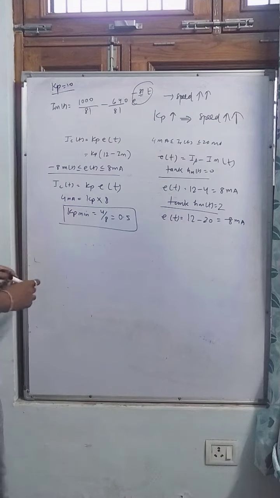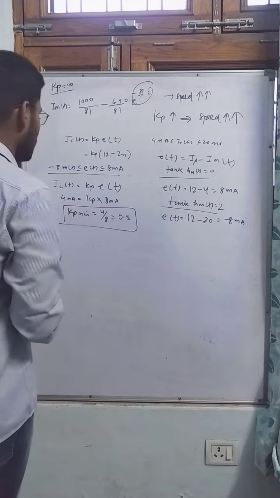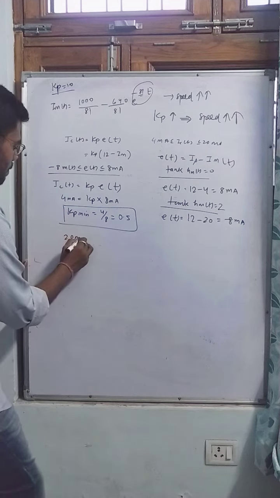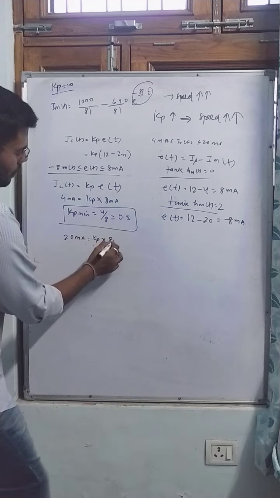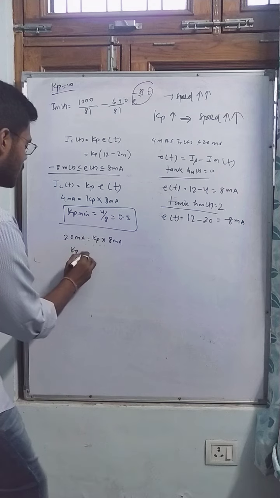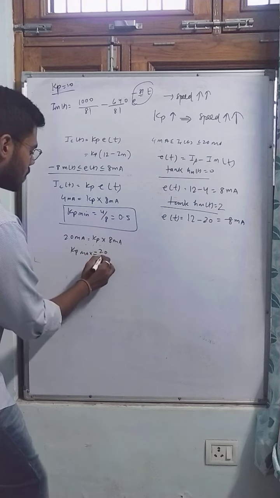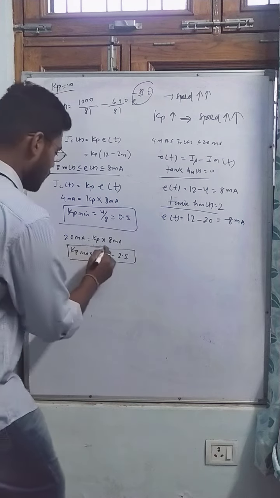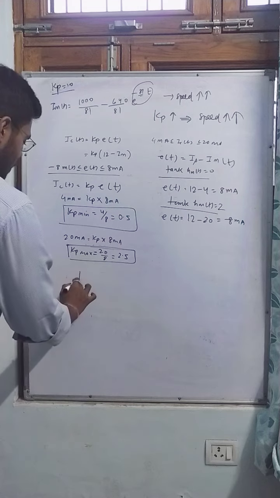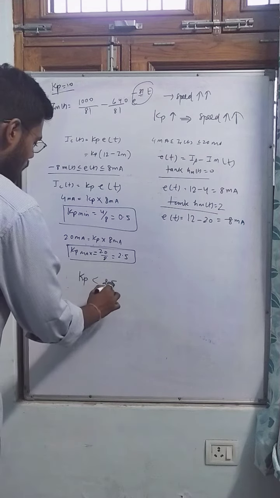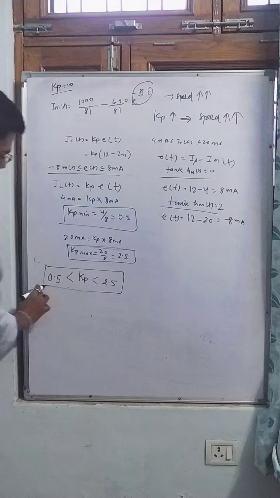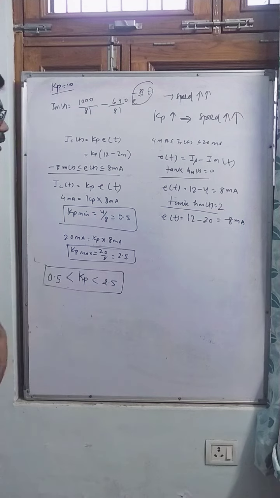This is the minimum value of Kp. Milliampere got cancelled. Now the maximum value of ICT is 20. In that case, Kp maximum will be 20 by 8, which is equal to 2.5. So our Kp range is 0.5 to 2.5 for positive errors. For positive errors, I have considered only the positive part. Note it down.